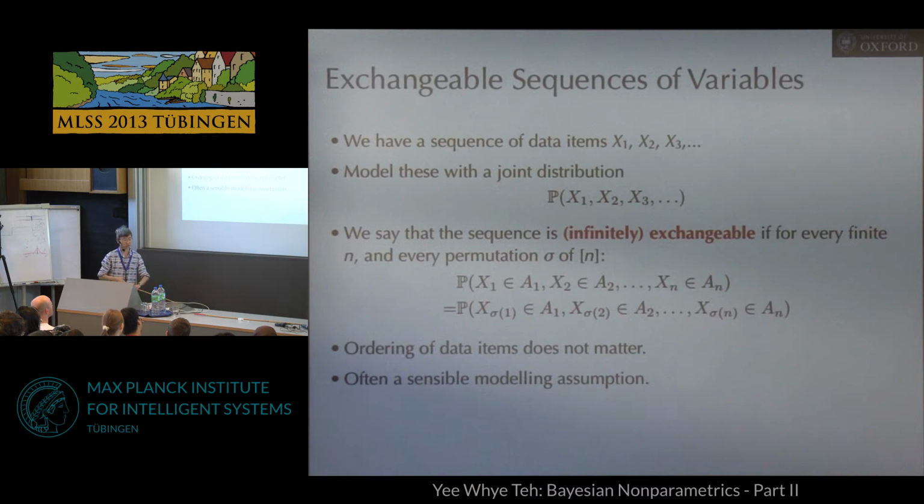Mathematically, it's infinitely exchangeable if for every finite n, so if we see a finite collection of data points, then the way the n data points are permuted, or indexed, in your data set doesn't affect your joint distribution. So the joint probability of x1 to xn is the same when you permute the n variables. This simply says that ordering of data points does not matter, and it's often a sensible modeling assumption.